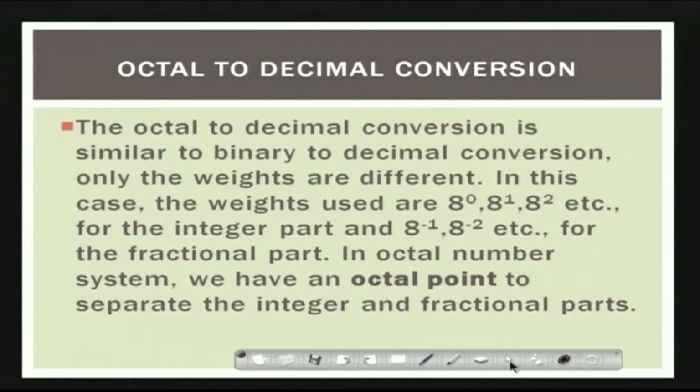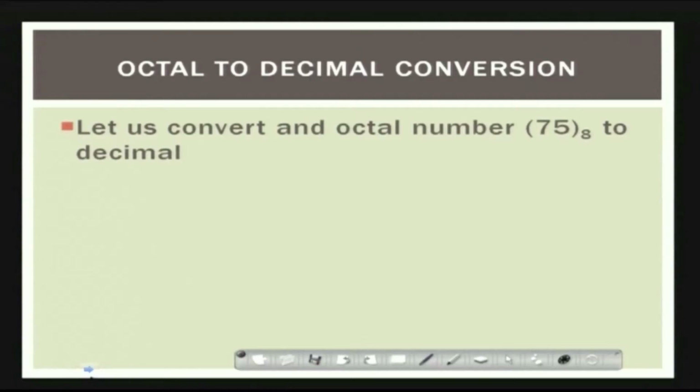So, this also should be borne in mind, and now we will see how we can convert an octal number to a decimal number. We are taking an example of 75, which is an octal number. When we convert this to the decimal equivalent, we have to take 5 and multiply by its weight, which is 8 power 0.